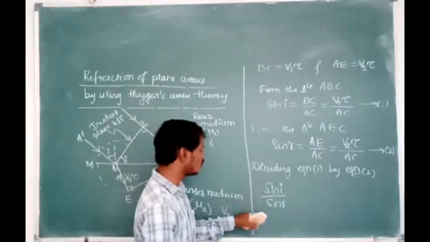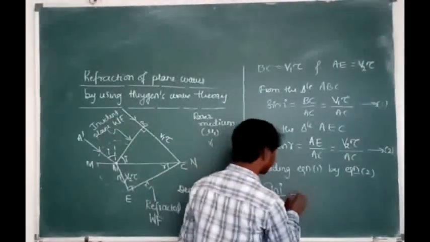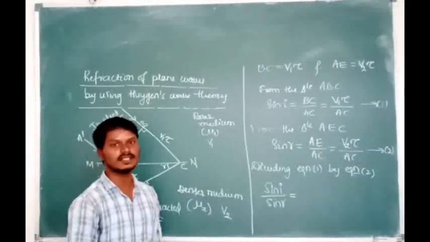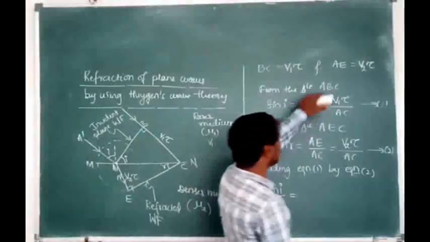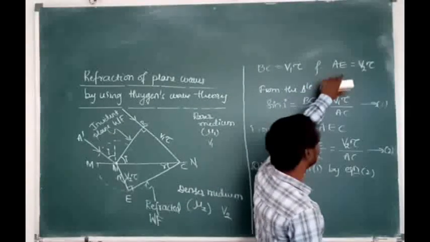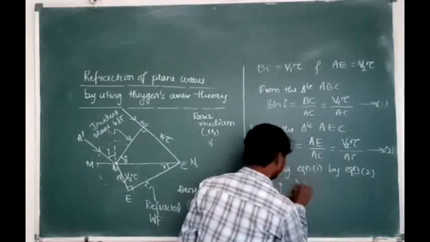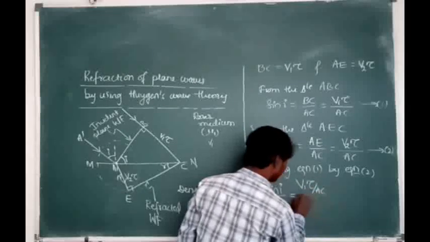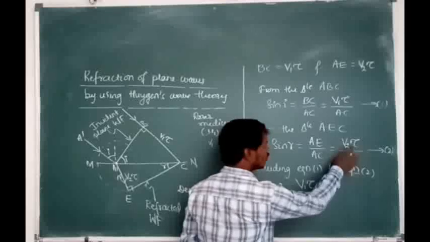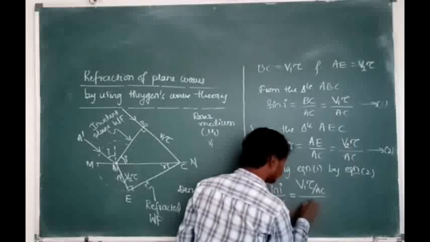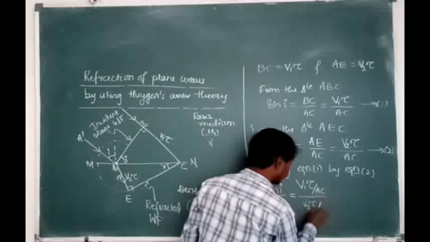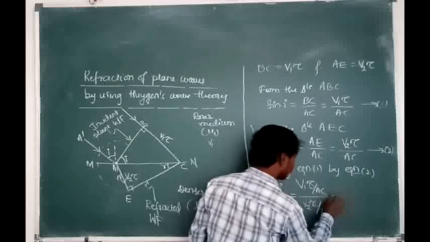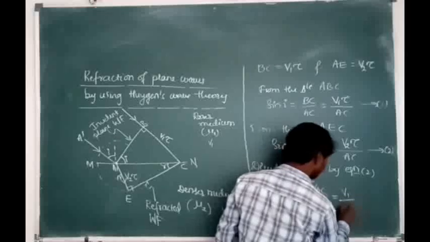That is equal to the right hand side of equation 1 divided by the right hand side of equation 2. The right hand side of equation 1 is v1 into tau divided by AC, and the right hand side of equation 2 is v2 into tau divided by AC. So tau by AC gets cancelled. That is v1 by v2.